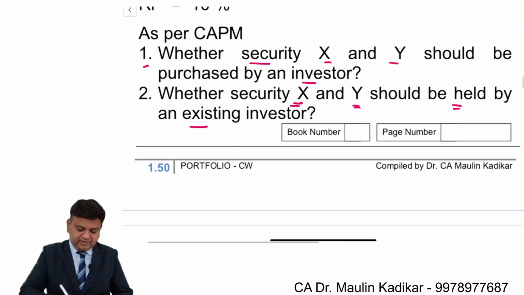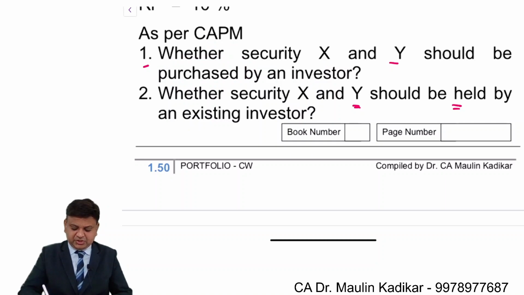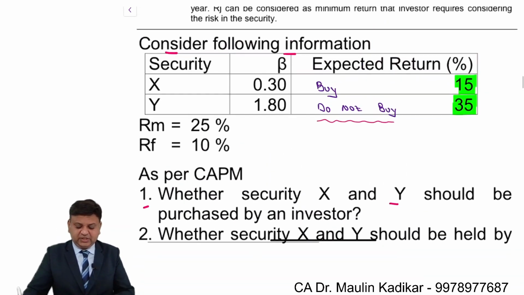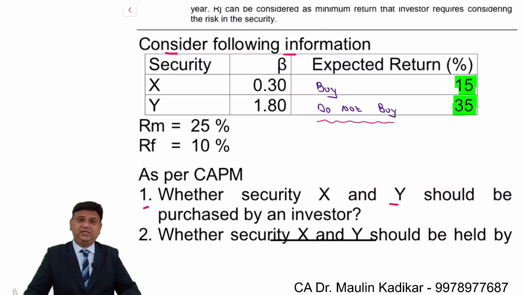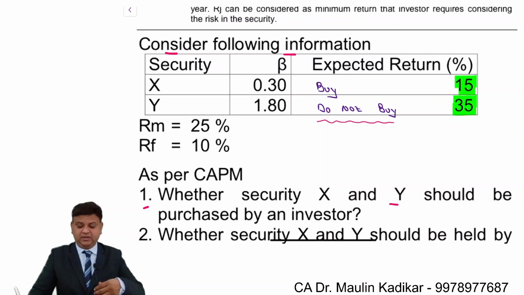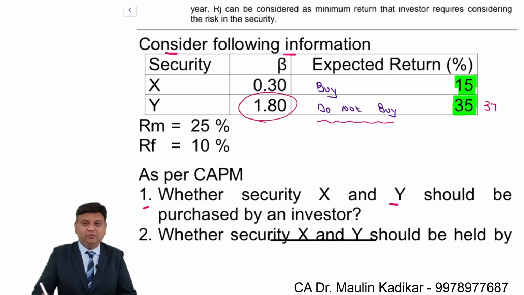Why? Because CAPM gives a very logical explanation: we do not have to see the absolute return of a security for decision making. We have to see what return the security should be able to generate based on the risk. That is why here it is 37, which is more than 35, and so we should not buy. Based on the risk it has, we should be able to get a return of 37%.